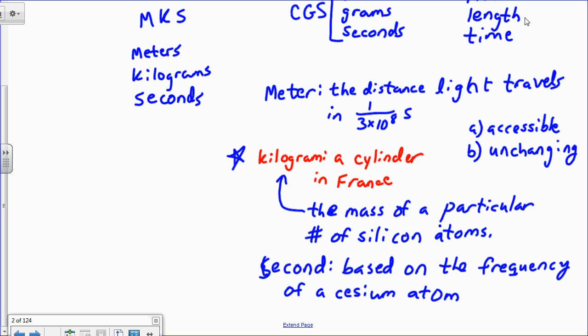All right, so some atoms oscillate back and forth at a very regular frequency, and with the cesium atom, that frequency is very well known, and so we've described the second as it's like a billion oscillations of the cesium atom. And we say that 1 second is when that atom is oscillating back and forth a billion times, and then that becomes our standard for the second.